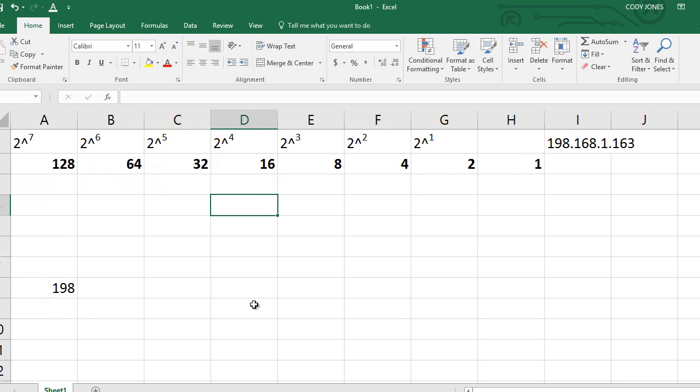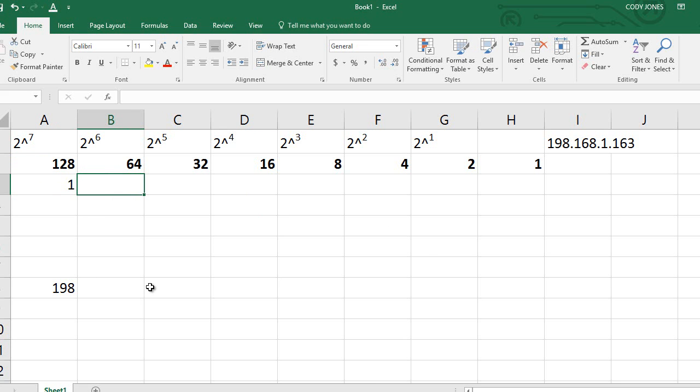I'm going to take this 198 and start going from left to right. Can I subtract 128 from 198? I'm going to ask myself that. If I can, I'm going to place a 1 here. If I cannot, I'm going to place a 0. So I'll place a 1 there because I can subtract 128 from 198.